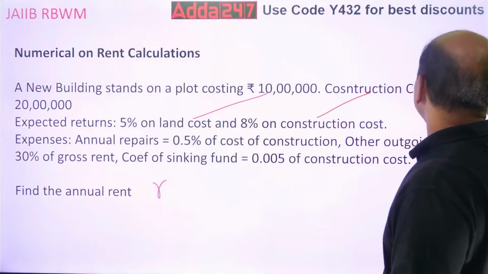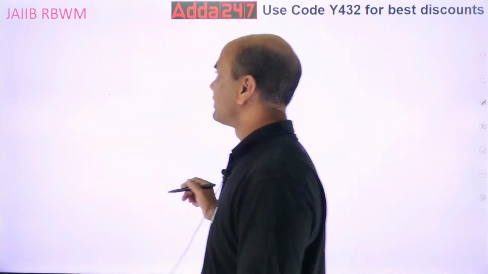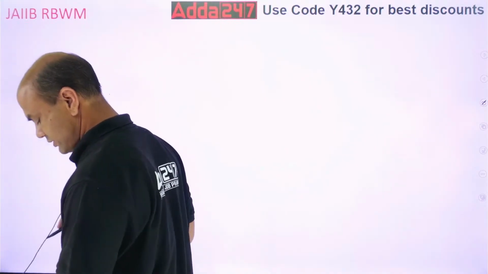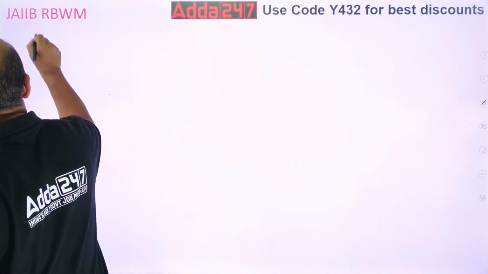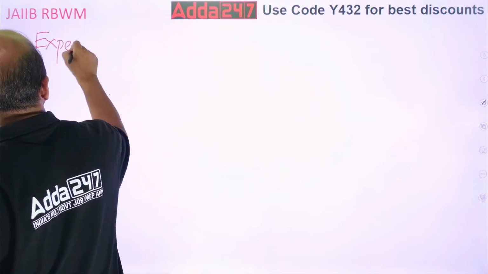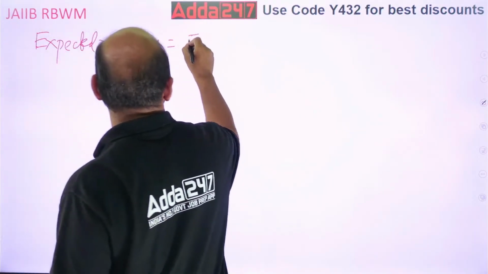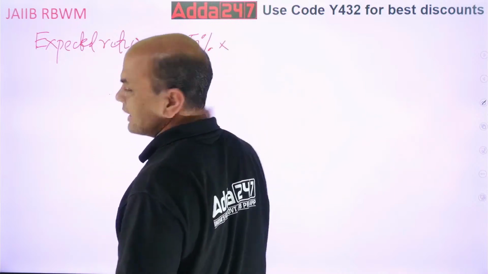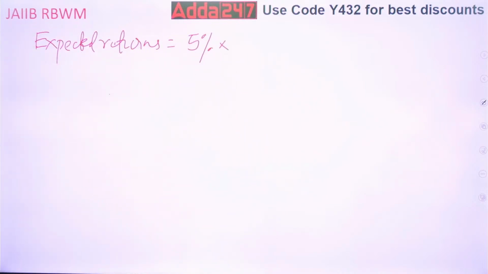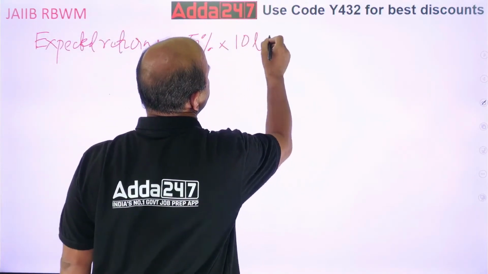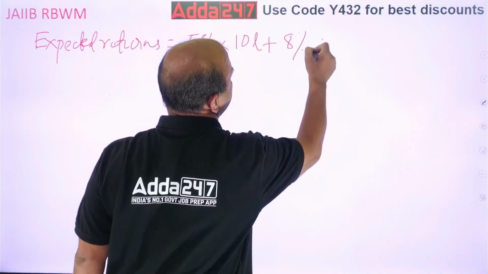First, you have to calculate whatever I want. So, expected returns: 5% on 10 lakhs plus 8% on 20 lakhs.